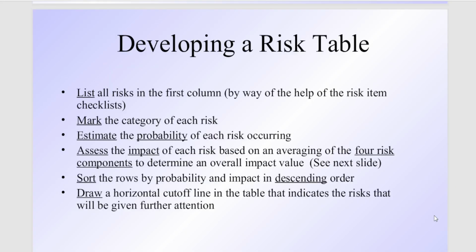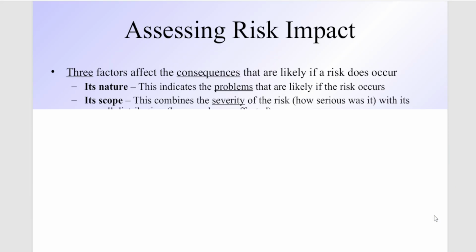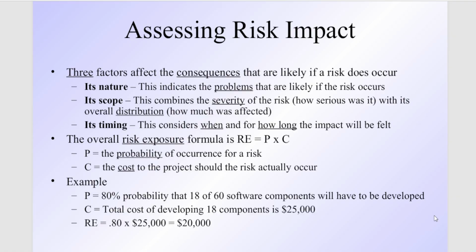Now, suppose you have a particular assessment of the risk and you want to determine the impact of the risk. Three factors affect the consequence if a risk does occur: the nature, the scope, and the timing, right? Based on this, we calculate the overall exposure of the risk, which is known as risk exposure. That means the total cost that will be incurred if the risk occurs.